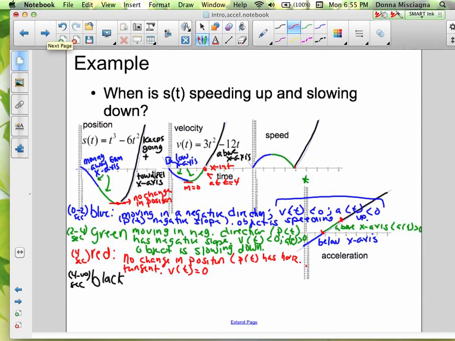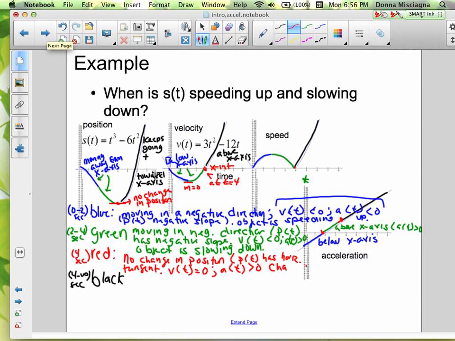But the acceleration is still positive. I don't think it's on the graph anymore. Oh, it's just that little spot there. It's still above the x-axis. Right? So here, what's happening? We're changing position.